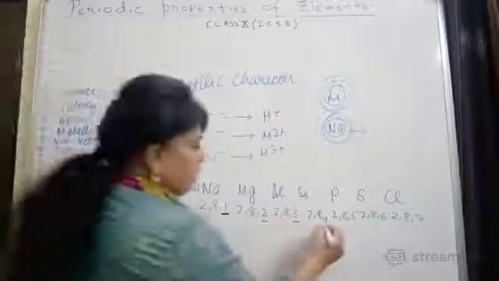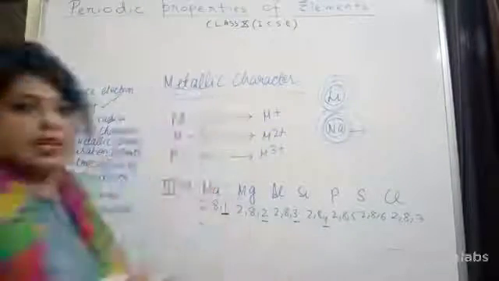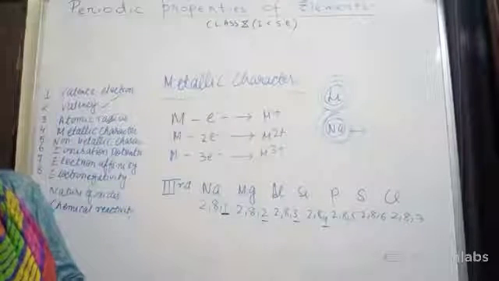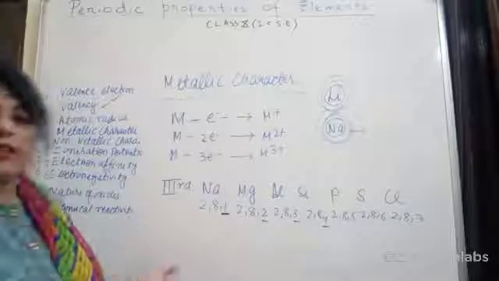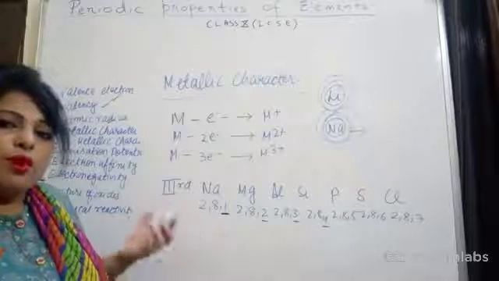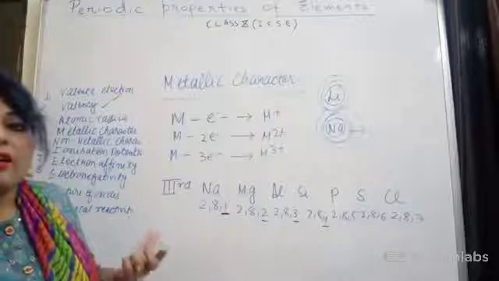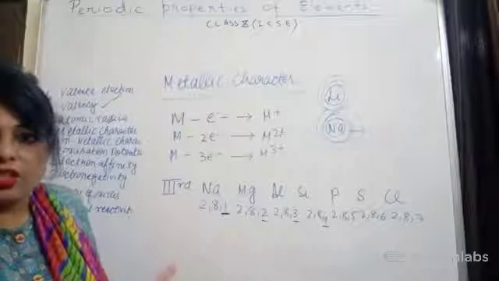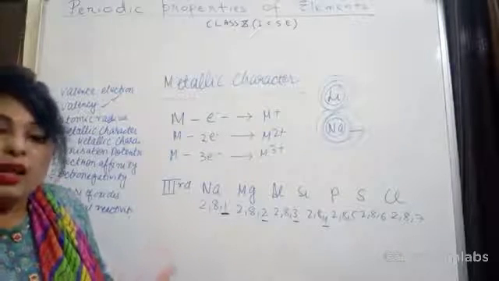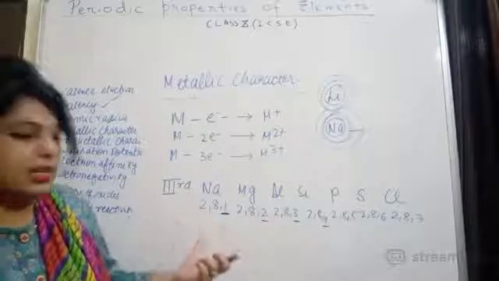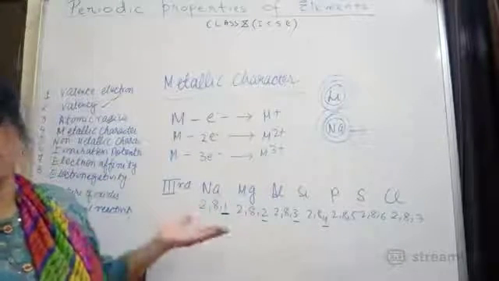Now you will observe that if the valence electrons increase, there will be less tendency to lose electrons. Now tell me why less tendency to lose electrons? Because whenever any metal loses an electron, it requires some kind of energy. The amount of energy required to remove an electron from the outermost shell is known as ionization potential. So when the valence electrons increase, the ionization energy also increases.